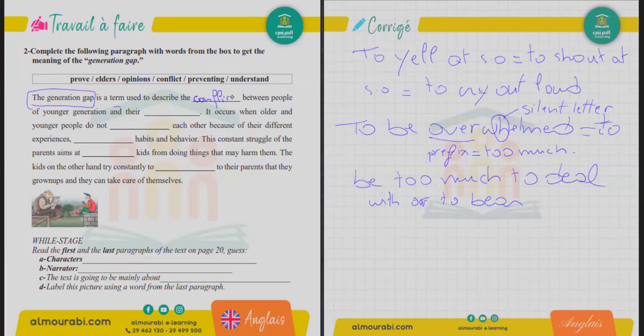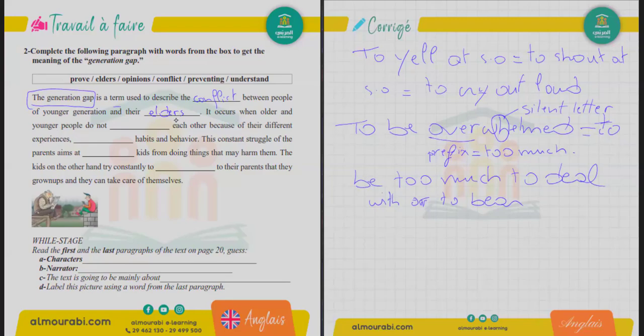In English, this is conflict. What does conflict mean? It's a kind of struggle between whom and whom? Between the younger generation, the youth, and their elders. Very good.